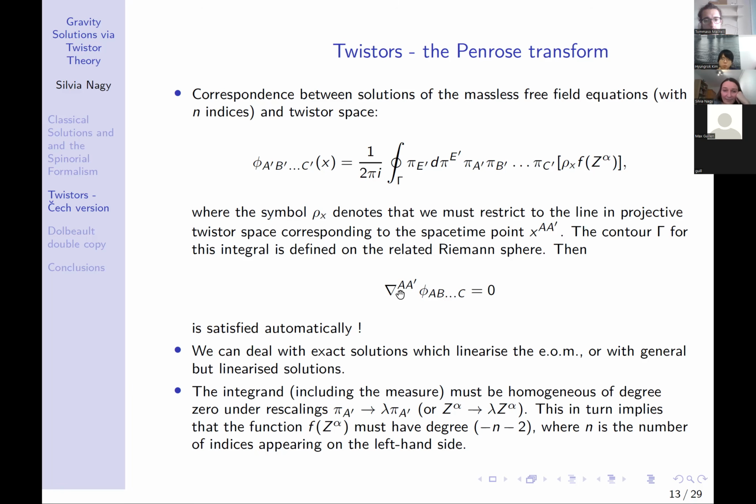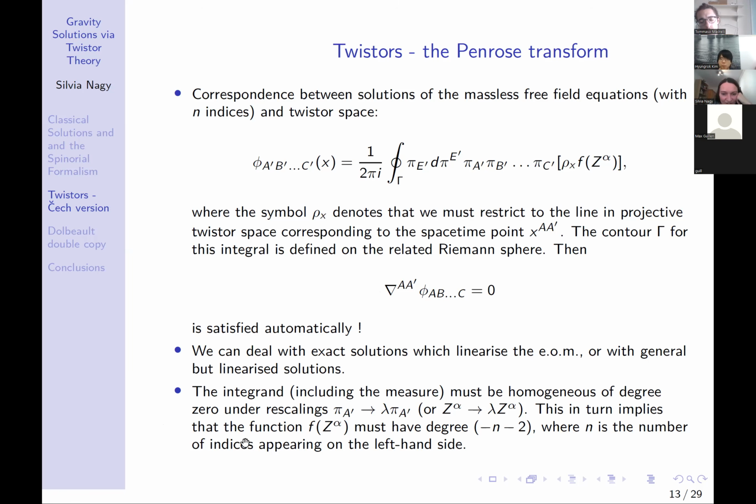So here by nabla here, I actually mean partial. So in the simplest case, let's just restrict ourselves to flat space and deal with solutions which either linearize the equation of motion or general solution, but linearize. So this nabla actually you should just think of as a partial.